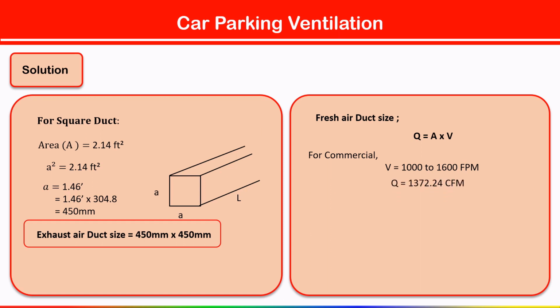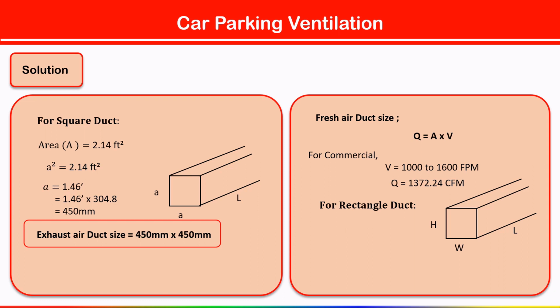And the Q value we have calculated in normal mode for fresh air is 1372.24 cfm. So to find out the area, you can easily get the area. Suppose first of all I am doing the sizing for rectangular duct. If it is a rectangular duct, you can see in this image we have the width of this duct, height and length of that duct.